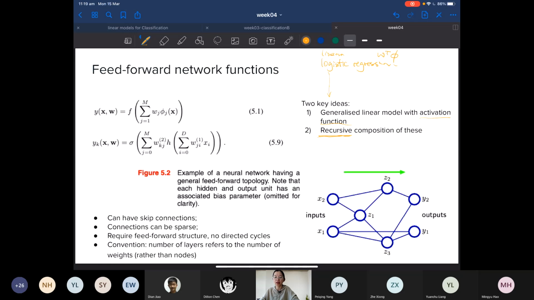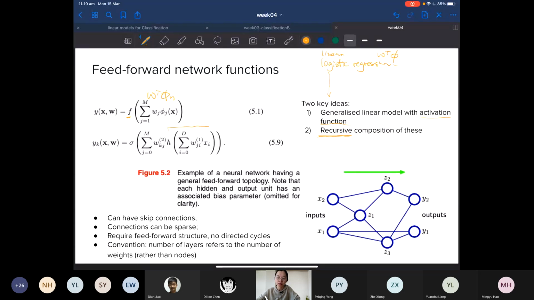So this is exactly what's happening. So equation 5.1 is basically a rewrite of logistic regression with a generic activation function f. Equation 5.9 here is essentially doing it again.